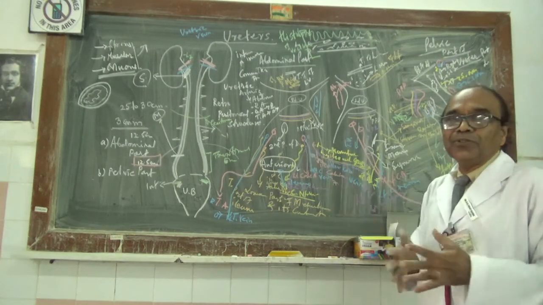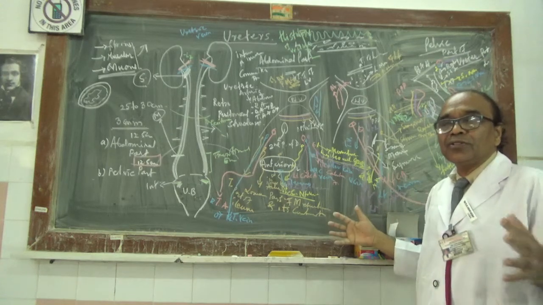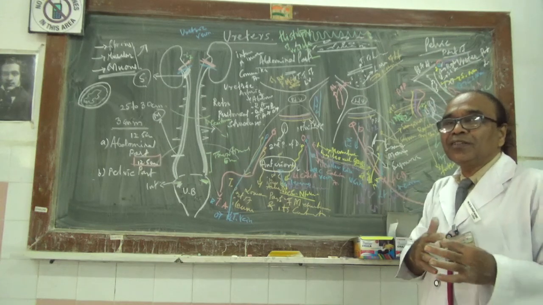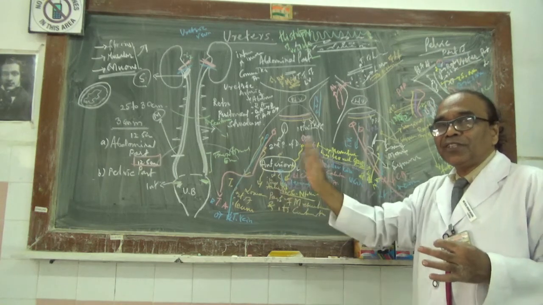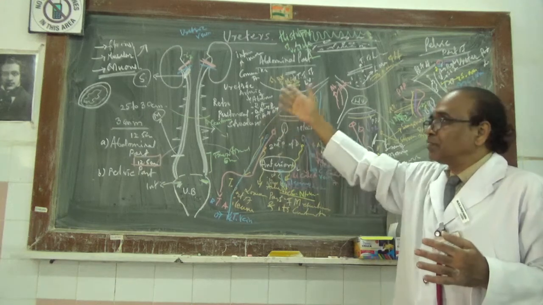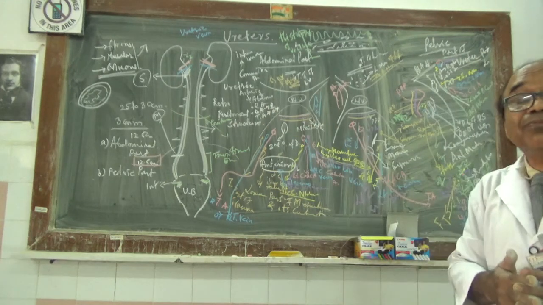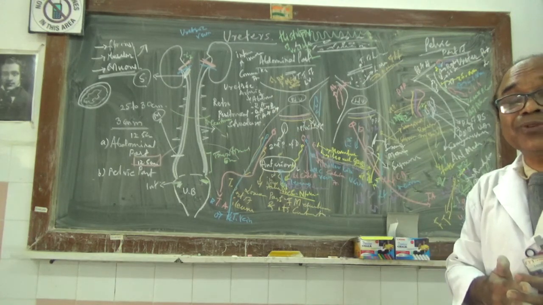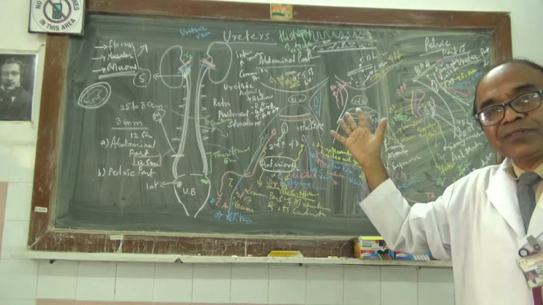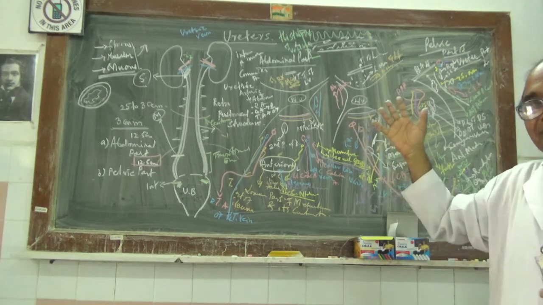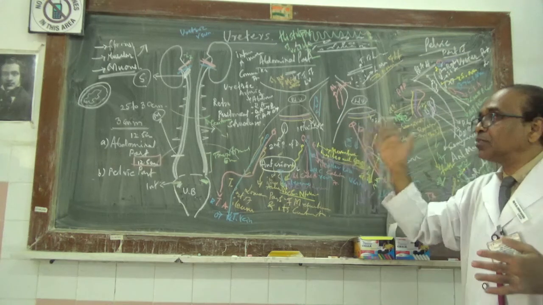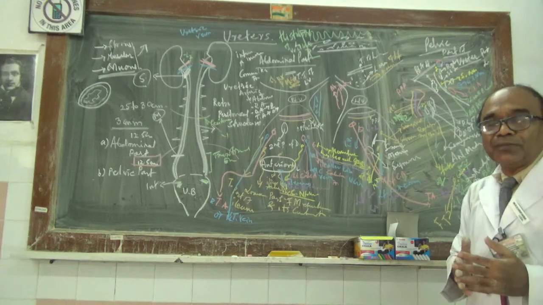So it is part of the urinary plus genital system in male, and it develops from the mesoderm, from the mesonephric part. So this is the embryology.